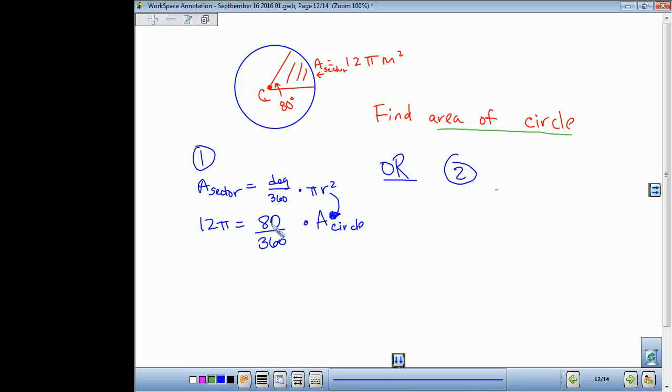So what do we do to get rid of our fraction? Multiply by the reciprocal. Good. So we're going to multiply by 360 over 80 times 12.